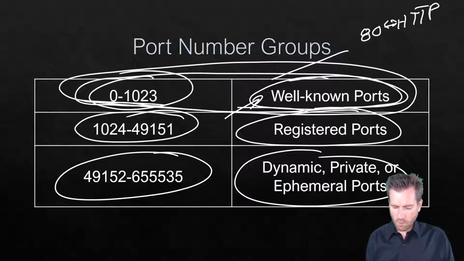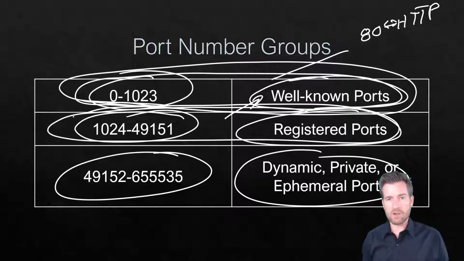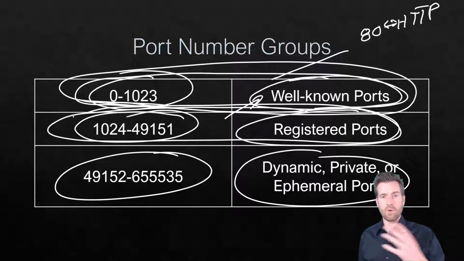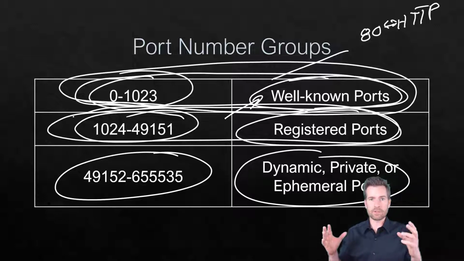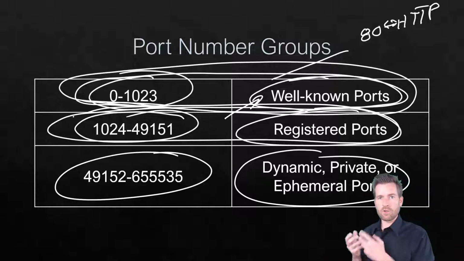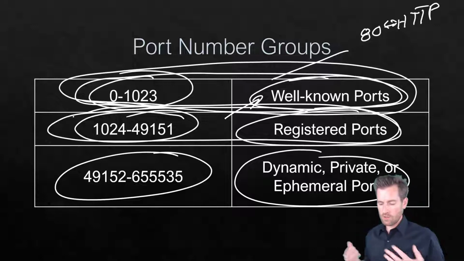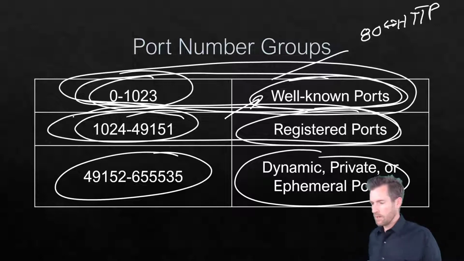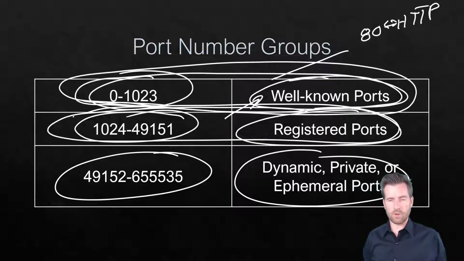The registered ports are for when you're a company and you have a product that's pretty widespread out there and you want to devote a port to your product. You'd register that, once again with the Internet Assigned Numbers Authority. You go to them and say, hey, we want to assign this port, and you go through some paperwork so that you can register it.